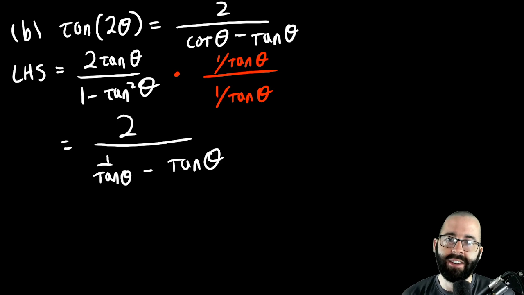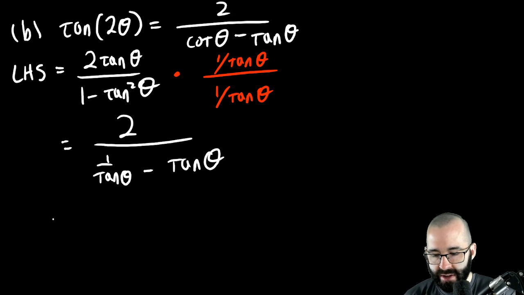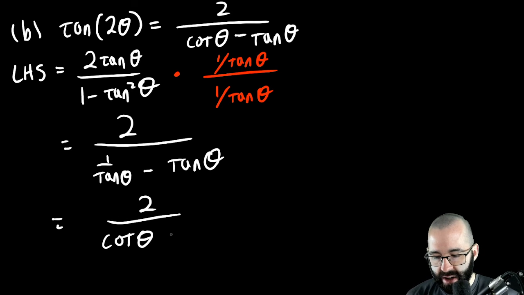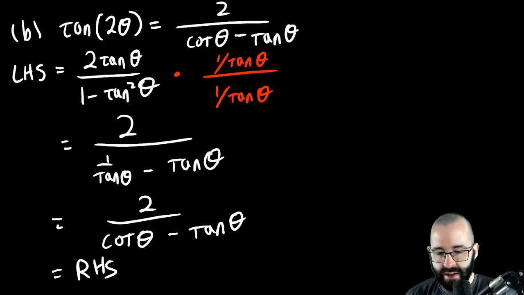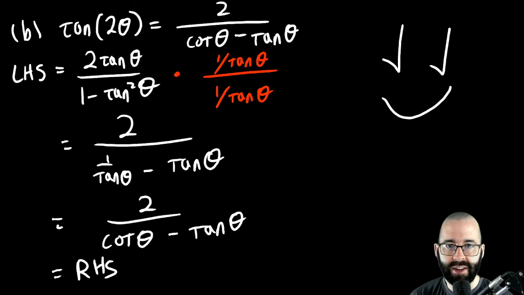Okay, we're basically there, right? The 2's match, the tangents match, and cotangent is the reciprocal of tangent. So we have 2 divided by cotangent of theta minus the tangent of theta, which is the right-hand side. Check, check, smiley face.